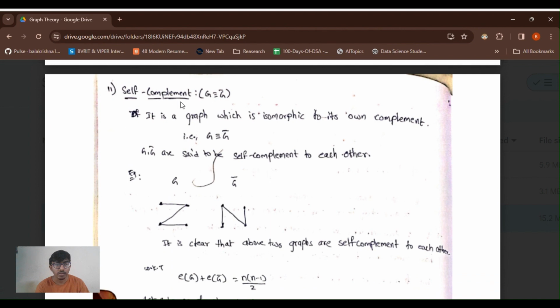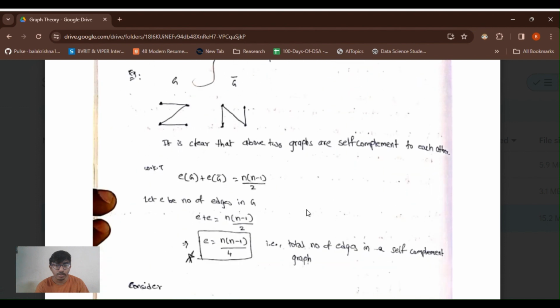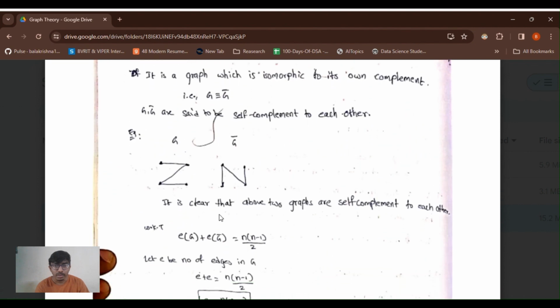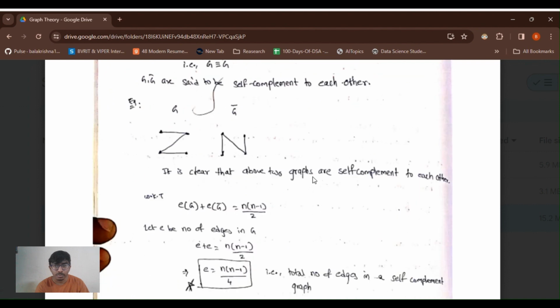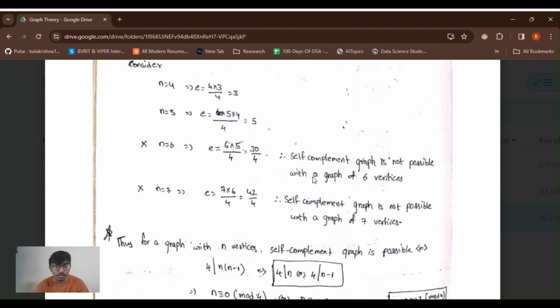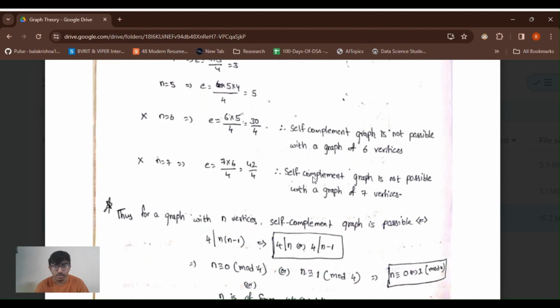And next, self-complement. It is a graph which is isomorphic to its own complement. It is clear that the above two graphs are self-complementary. A self-complement graph is not possible with a graph of 6 vertices.